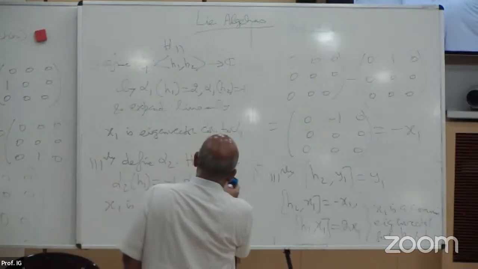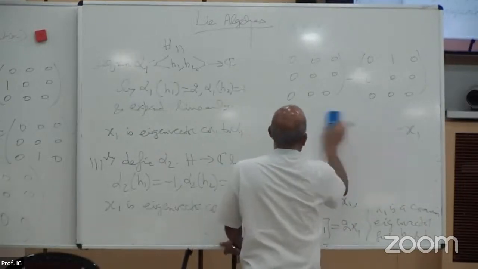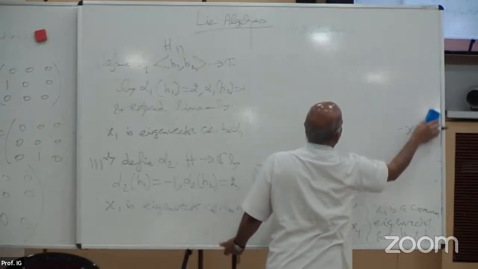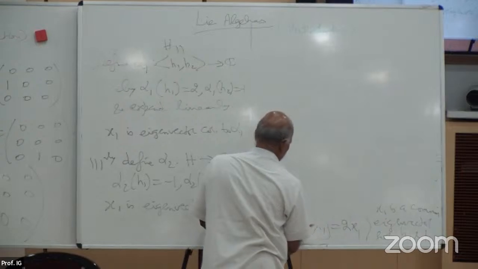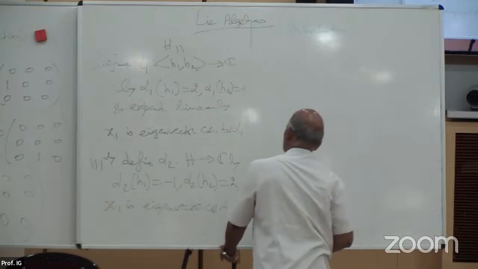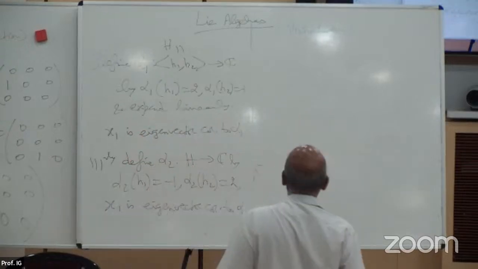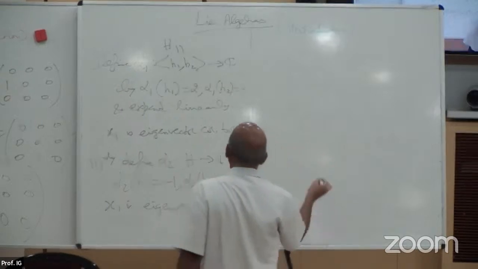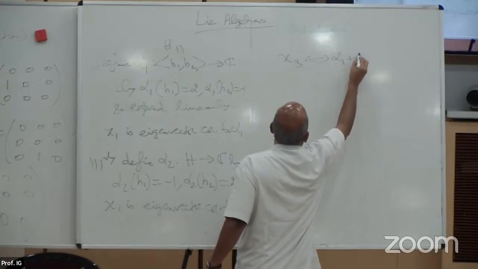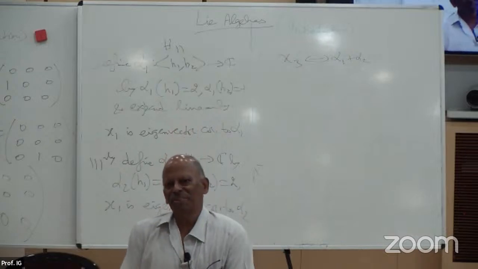Similar to alpha 1, we have alpha 2, and X2 corresponds to alpha 2. And very, very nice for us. X3 is just going to correspond to alpha 1 plus alpha 2.